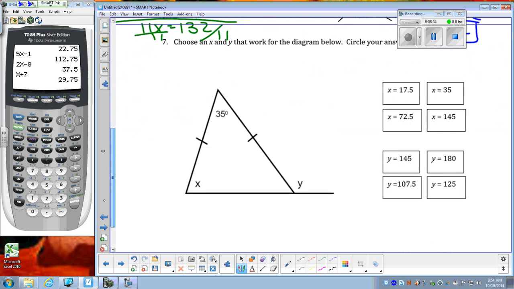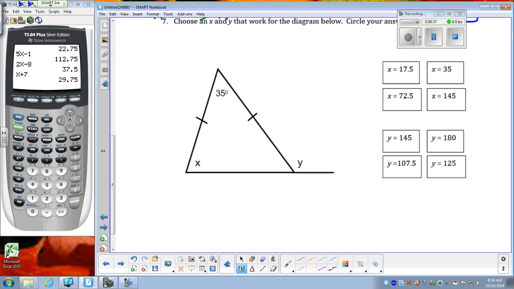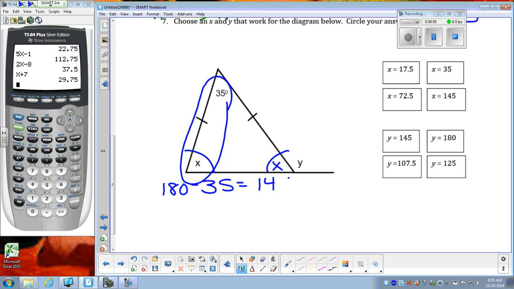In number 7, I'm going to have to use my isosceles triangles. Actually, no, I have to use my exterior angles. I know that 35, we'll figure out angle x. I know that these two angles have to be congruent. So I'm going to subtract 35 from the 180 to get 145, and then divide by 2 to get x.